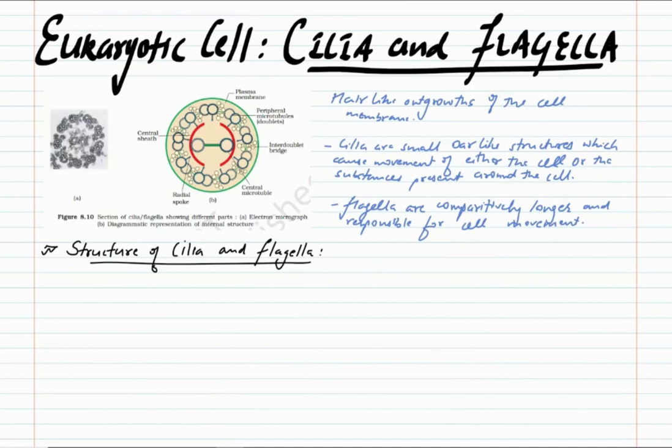Now talking about the ultrastructure of cilia and flagella. Both cilia and flagella have a similar ultrastructure, which is basically a covering of plasma membrane which encloses a central part known as axoneme. So both cilia and flagella are covered by a plasma membrane.